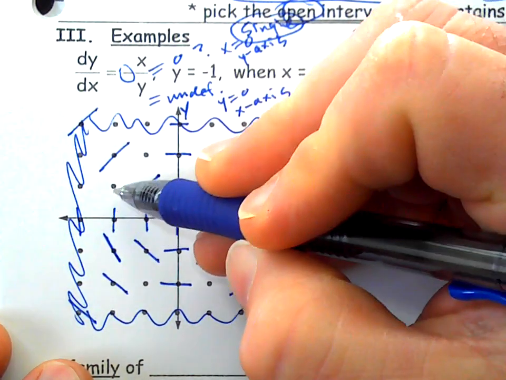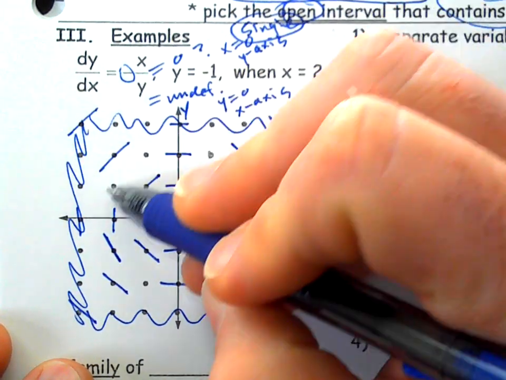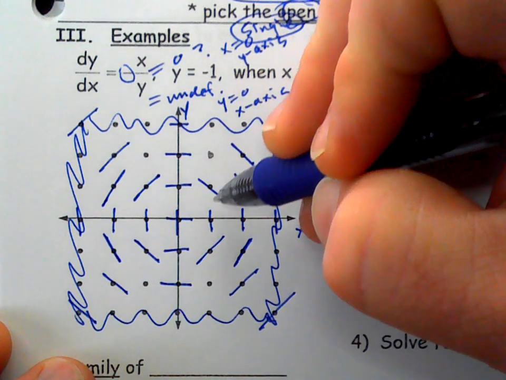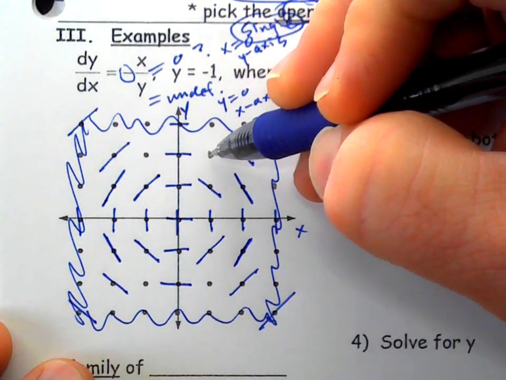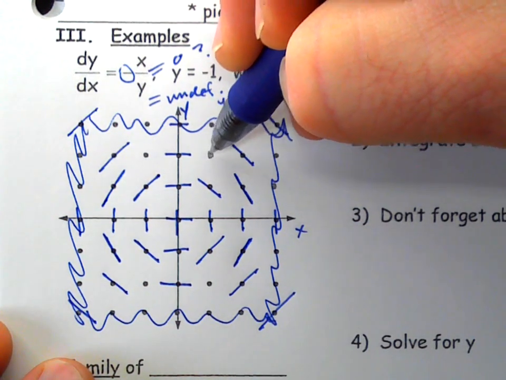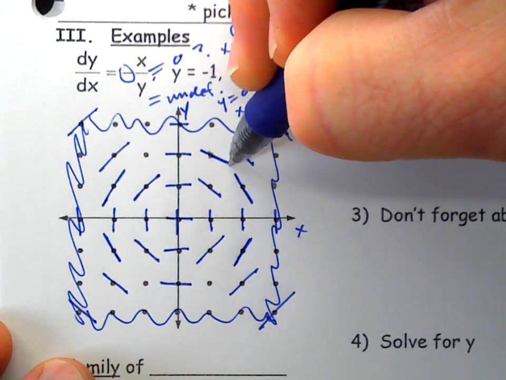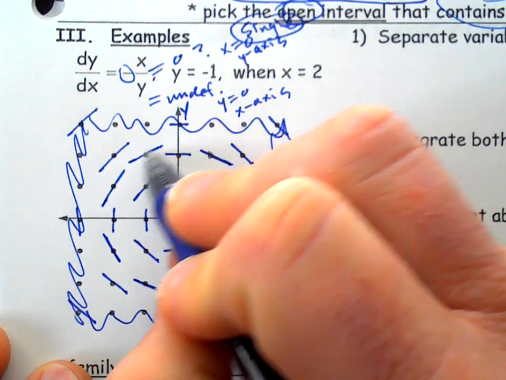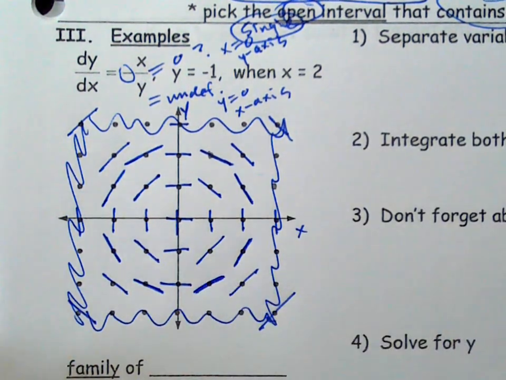When x is negative 2 and y is positive 1, actually you get positive 2. And when x is 1 and y is 2, you're going to get negative 1/2, down 1 over 2. I'm looking at these dots to try and line them up right. And this one's also going to be that. And this is going to be positive 1/2. This is going to be positive 1/2. So there's our slope field.